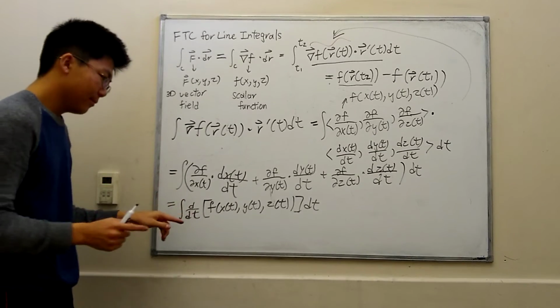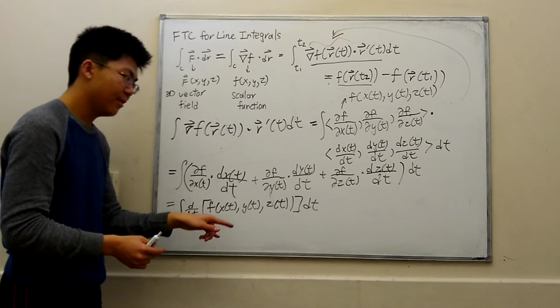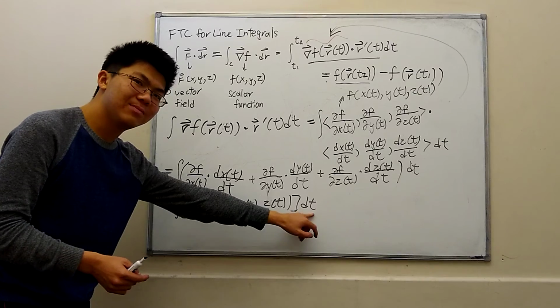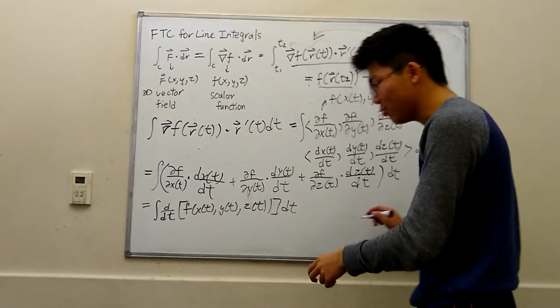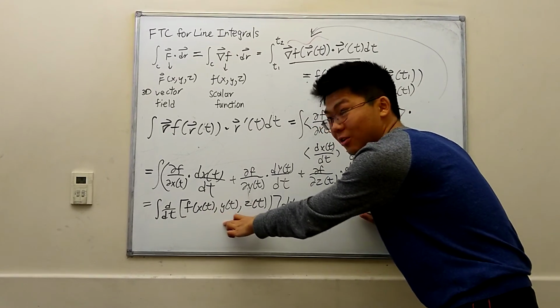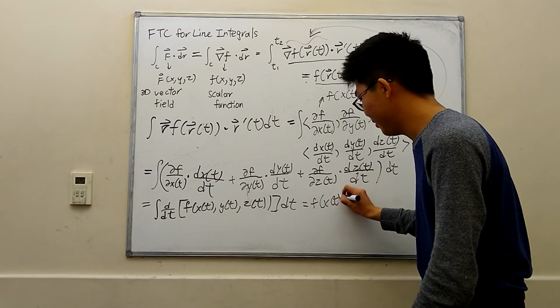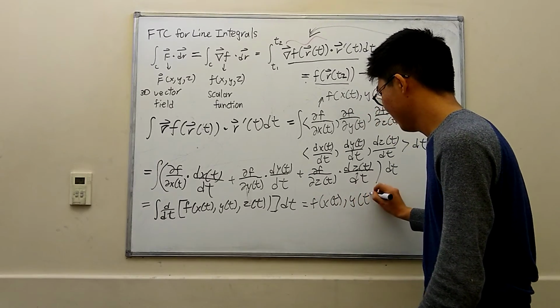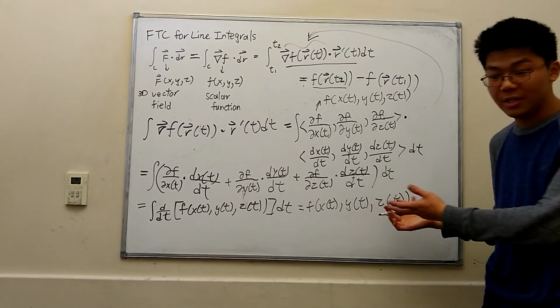So notice here, we're integrating the derivative of this function f, but we're also integrating with respect to t. So when you evaluate the integral, you basically just end up with the original integrand in the center. So this is what you have. This is your final answer.